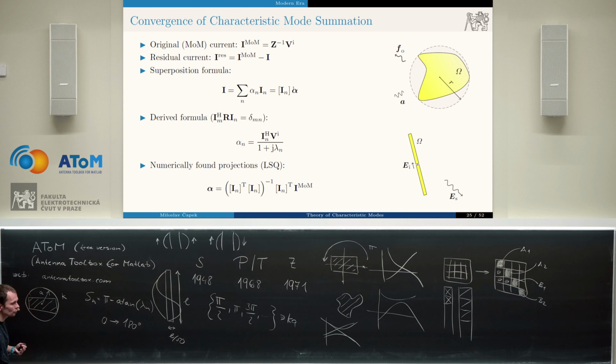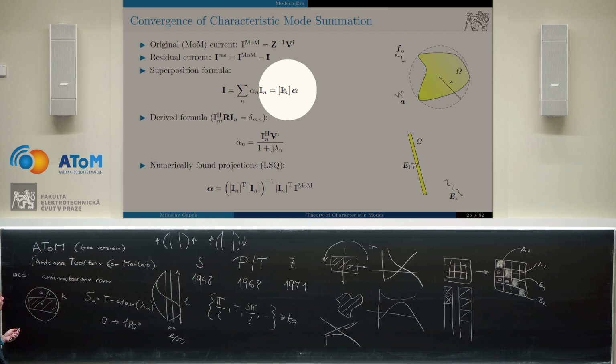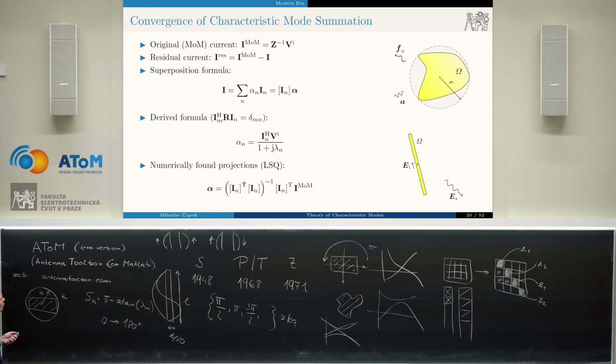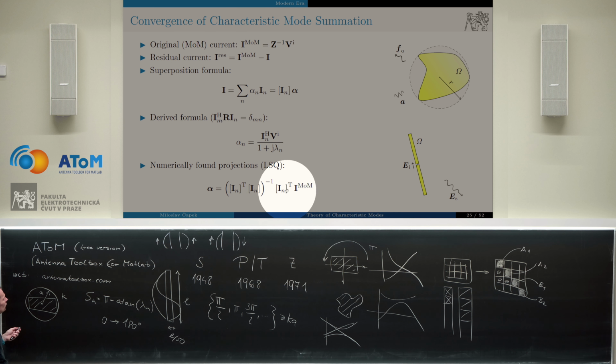And let's consider two summation formulas. One is the original one I was showing on the previous slide. And also, just for fun, consider weighting coefficients found with numerical projection in a least squares sense as this.